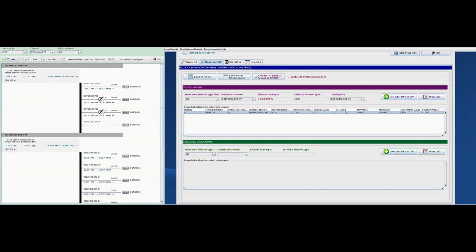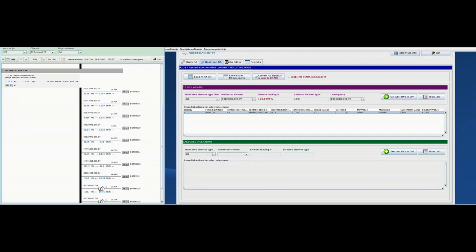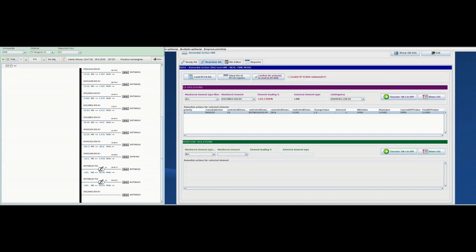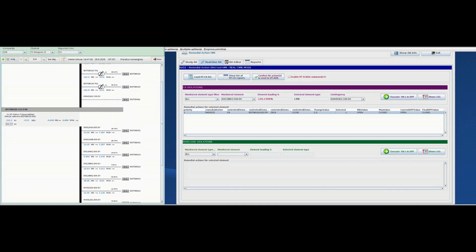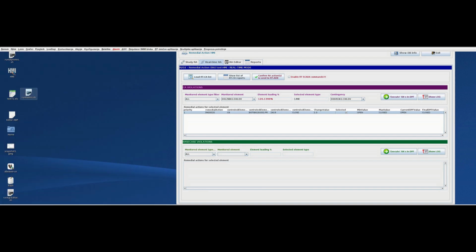Before switching the element, dispatchers will open the SCADA image to monitor the switching process. So they would open the SCADA image of substation Belgrade 28, and after that in the RAA tool they will send the commands for switching on the circuit breaker.